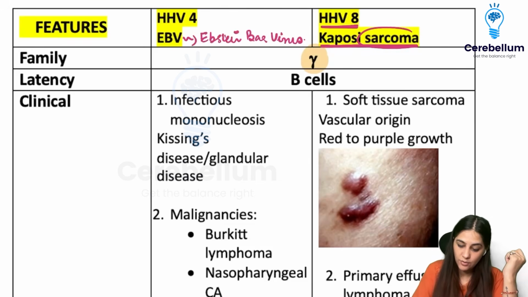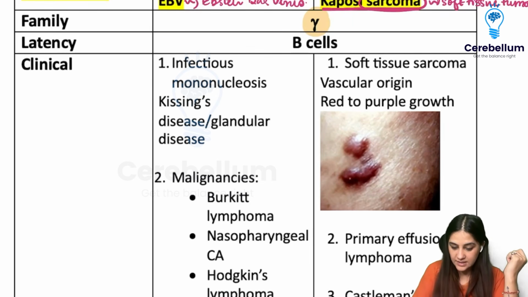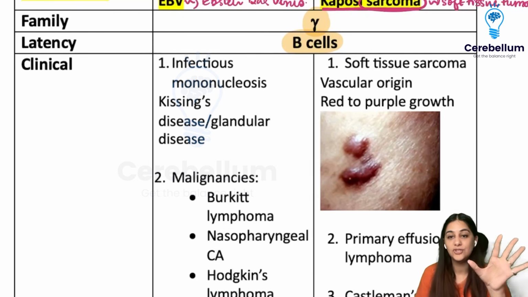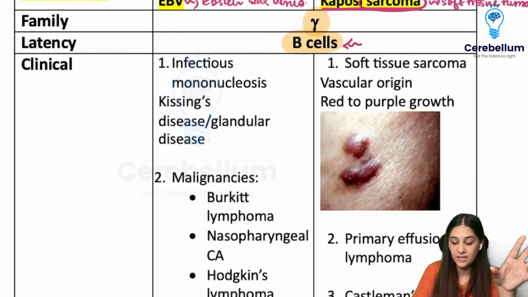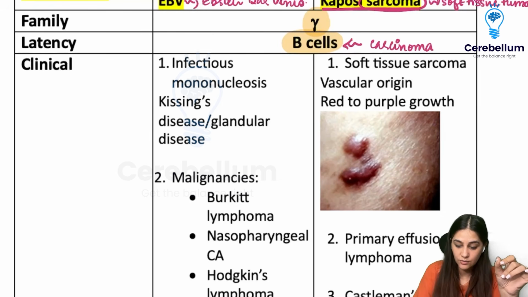Whenever we talk about sarcoma, we're talking about some kind of a soft tissue tumor. They go into latency in B cells. So if there is going to be any issue in the B cells, this is going to lead to a lot of carcinomas, right? So this is going to lead to a lot of cancers or carcinomas.